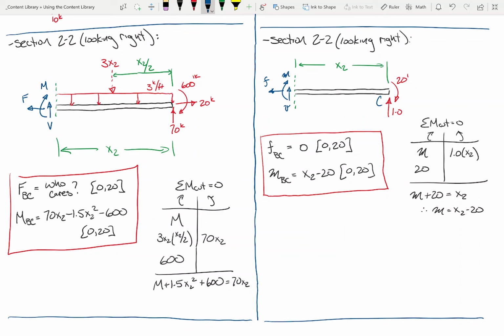Is that okay? If you understand that, then the rest of this problem is really just plug and chug. But I want to take a second. I don't want to rush because we got plenty of time. Everybody good? Okay.